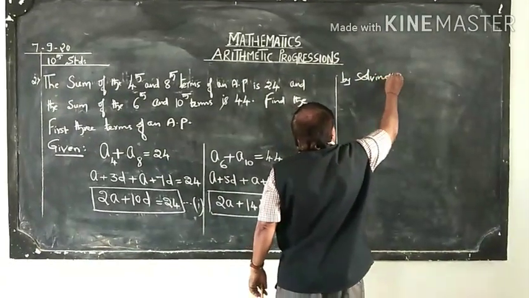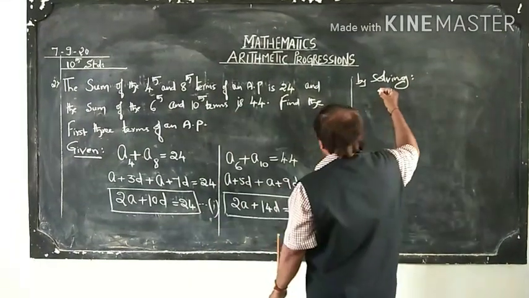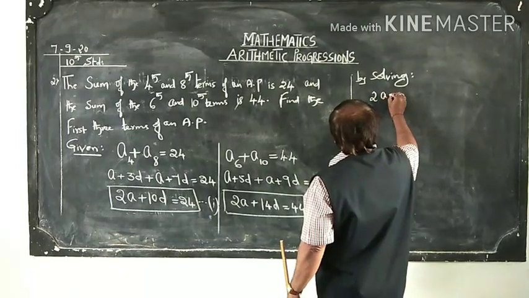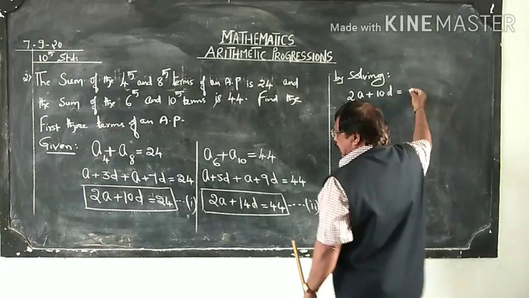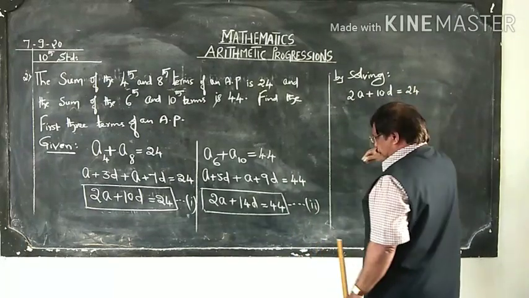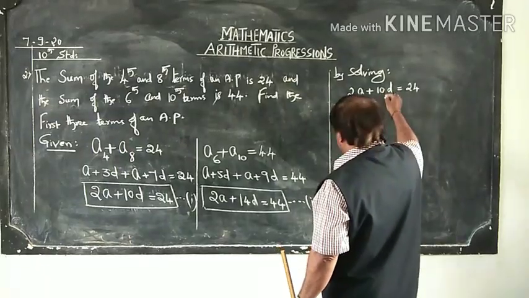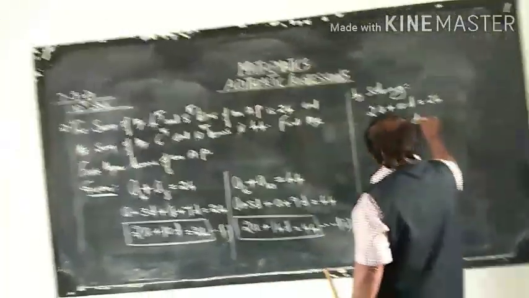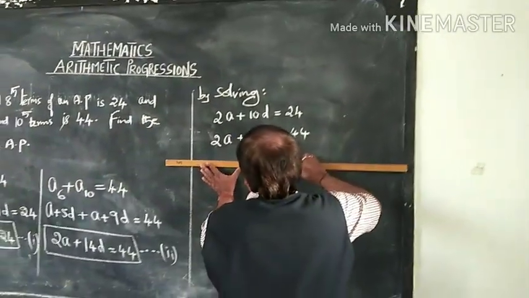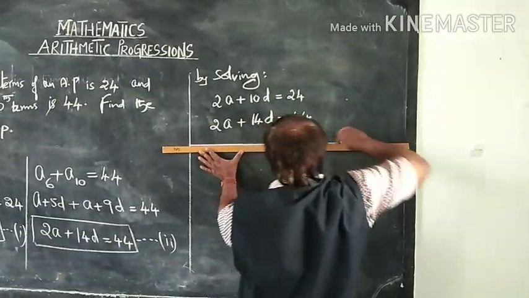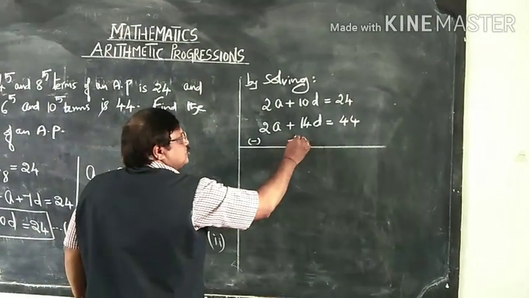Solving the two equations: 2a plus 10d is equal to 24. 2a plus 14d is equal to 44. By subtraction method, change the signs.